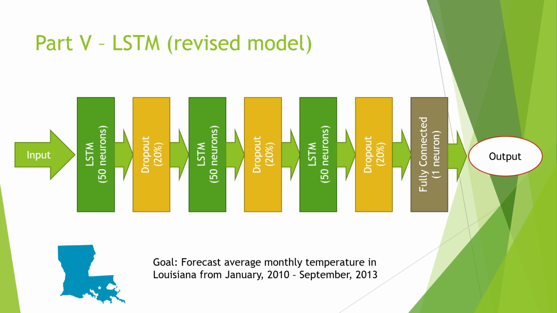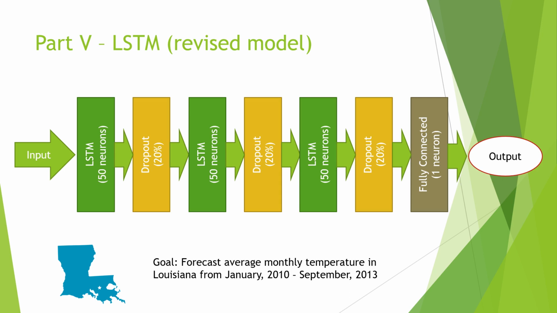So using 5 years to predict the next month. If there's any pattern in the average temperature that spans longer than 2.5 years, this model will hopefully pick up on that pattern and use it to make a better forecast.